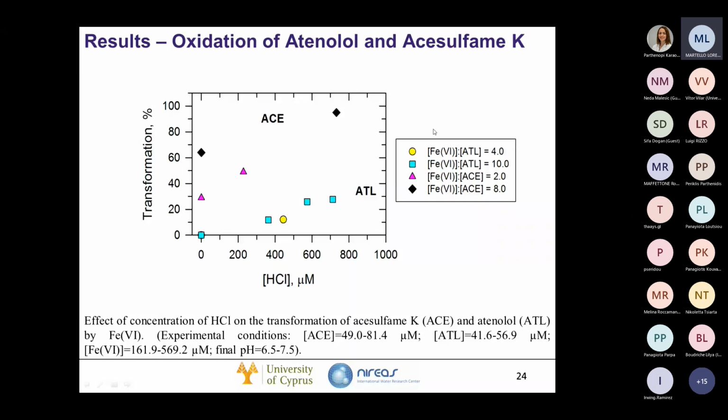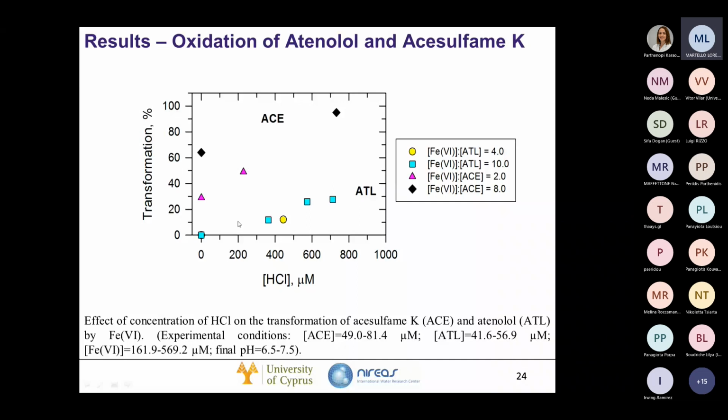Here we can see that in the case of ACE, we had very similar results to the case of caffeine. By increasing the concentration of acid, the removal of ACE was enhanced.